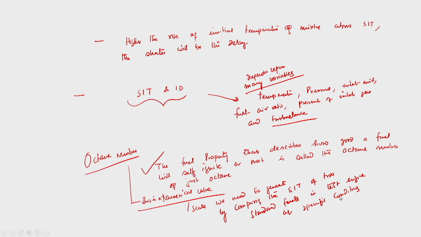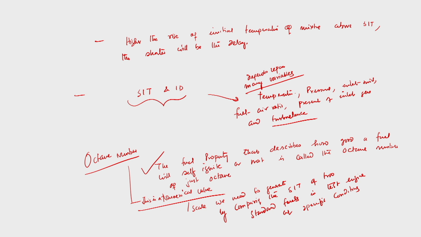So, we can experimentally generate a numerical value scale of the variable octane number. If we know the octane number of two standard fuels, and then if we would like to know the octane number of any given fuel, then we can test that fuel in an engine at specific conditions. We will see what the two standard fuels are.